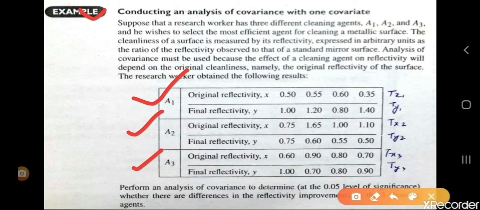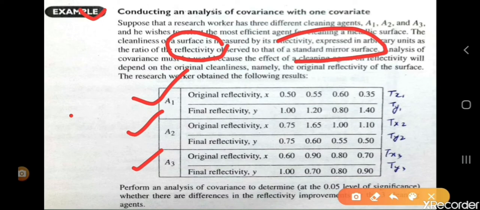He wants to select the most efficient agent for cleaning the metallic surface. The cleanness of the surface is measured by its reflectivity, whose value in terms of ratio is given, and the ratio is the reflectivity to that of a standard mirror surface.